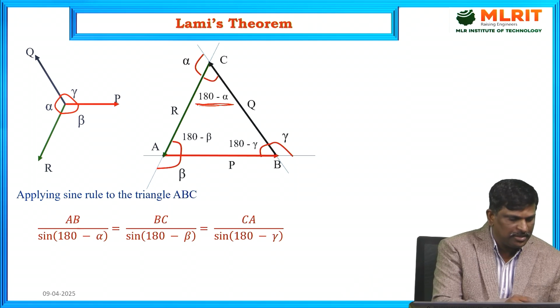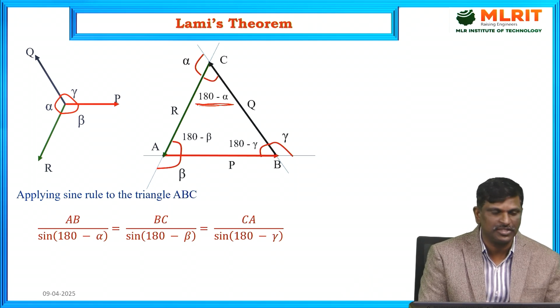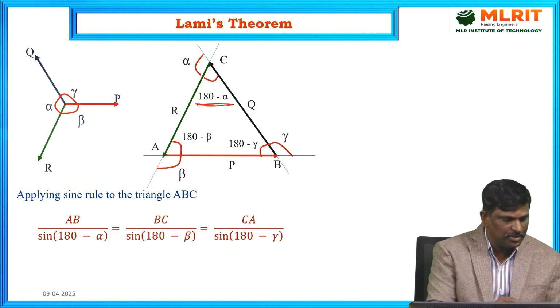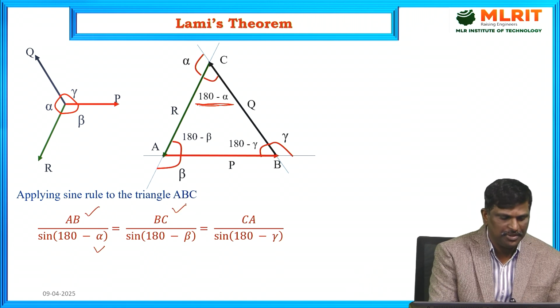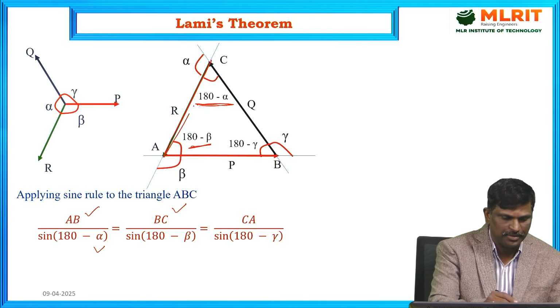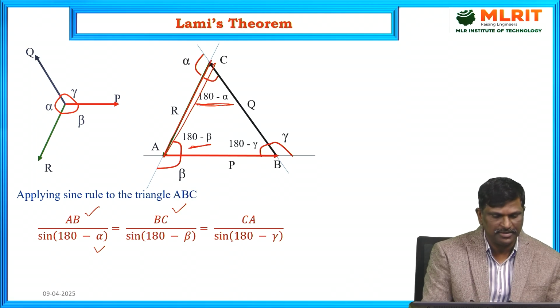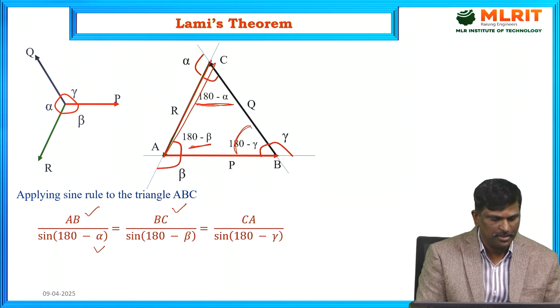So, here this is the sine rule, which is the property of the triangle which can be applied to triangles. So, AB divided by sine 180 minus alpha is equal to BC divided by sine 180 minus beta, and CA divided by sine 180 minus gamma. So, this is the sine rule.